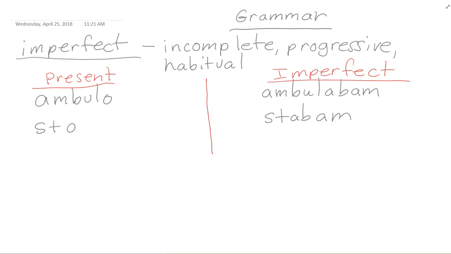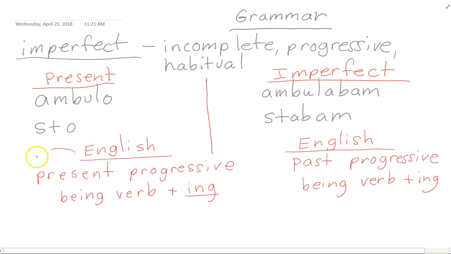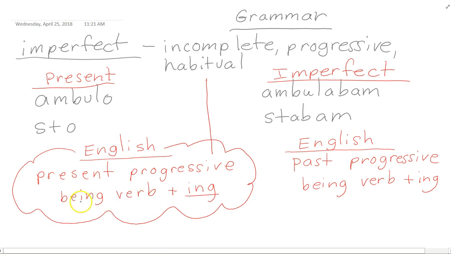So in English, we have a present progressive form. It's a being verb plus ing. So in English, that present progressive is I am walking. There's the being verb. There's the ing. I am standing.